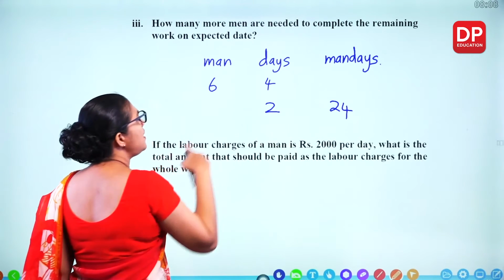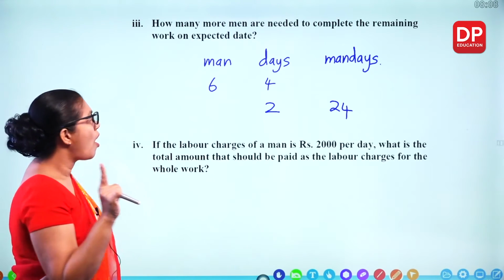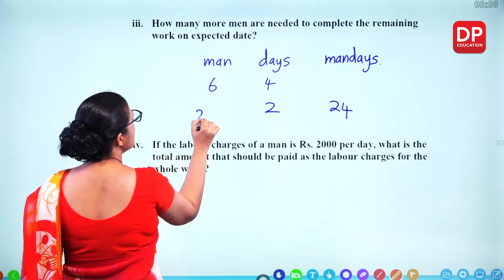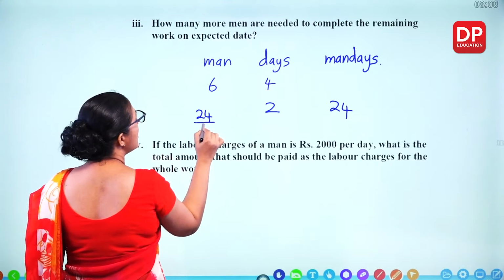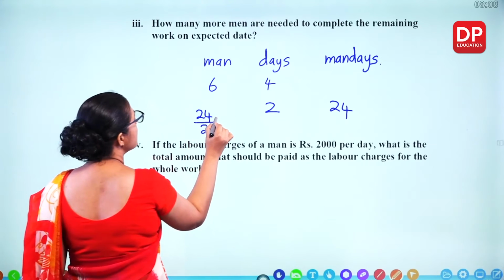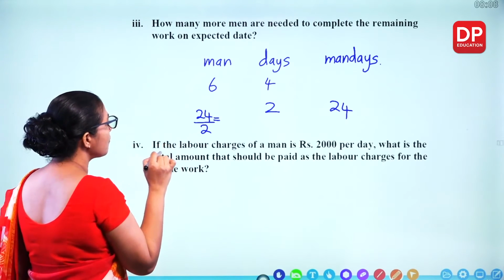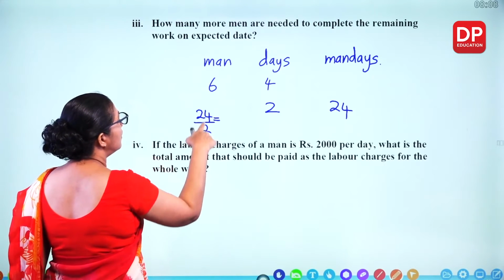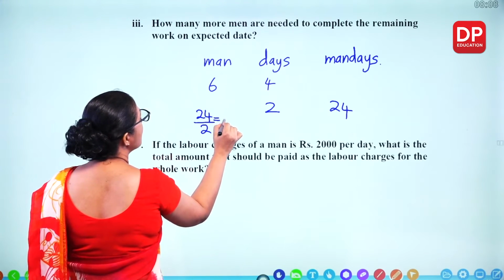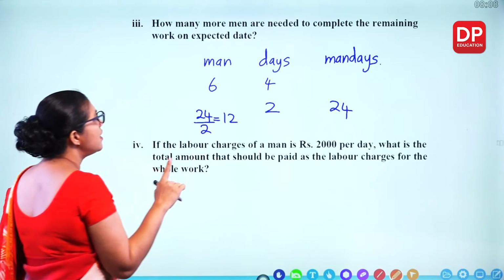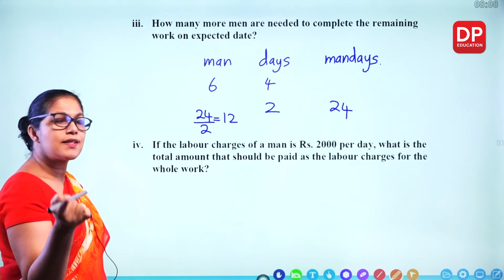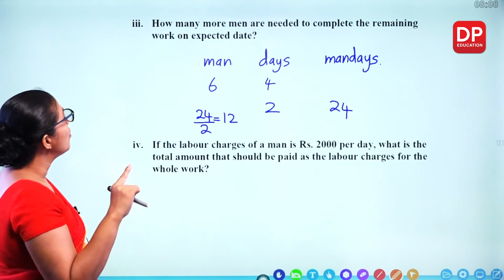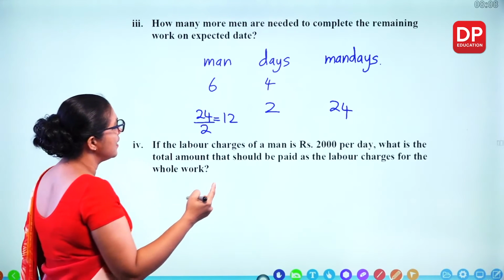So that's within 2 days. So how many men do you need? 24 over 2, that's 12. So you need 12 men, but 6 are already there. So how many more men?